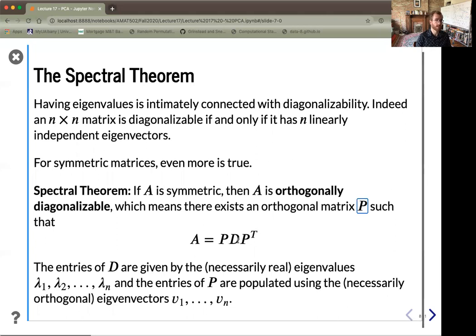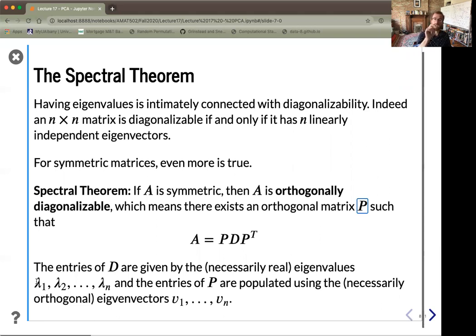Of course, if I multiply both sides of this equation with P transpose on the left and P on the right, then I can express my diagonal matrix as equal to P transpose A times P. The entries of D are, and it turns out these are necessarily real, eigenvalues.